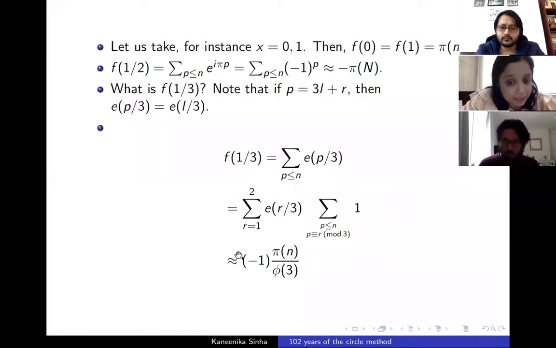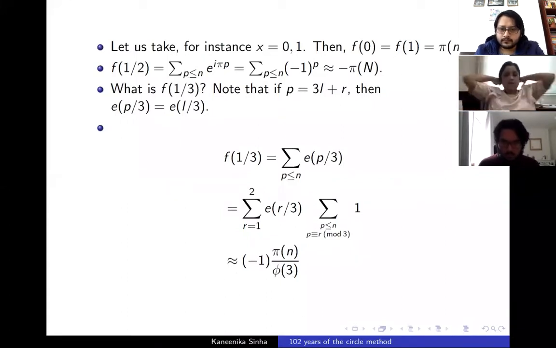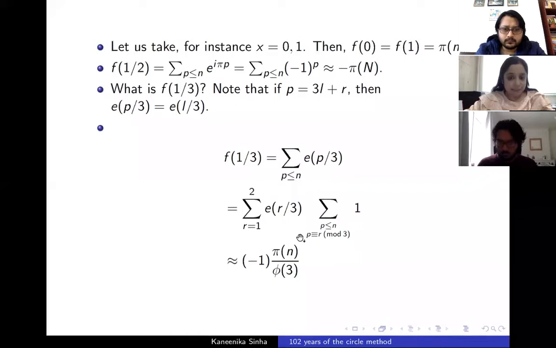And now when I say approximately, what does this mean? To keep our work not too technical in this presentation, I'm avoiding long expressions. So what this approximation sign means is that this sum is equal to minus pi of n over phi of 3 plus something which we call an error term, which would be of order smaller than pi of n.